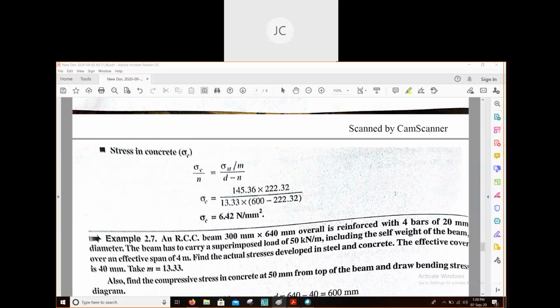Yes, 208.97. Next, we have to find out moment of resistance. Similar to the last problem, find out the moment of resistance and try to find out the value of sigma st.